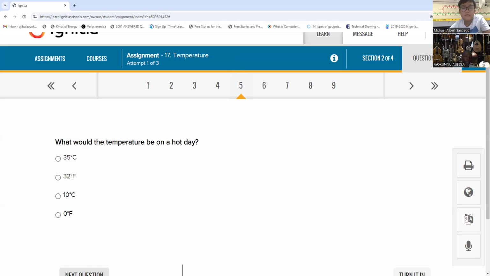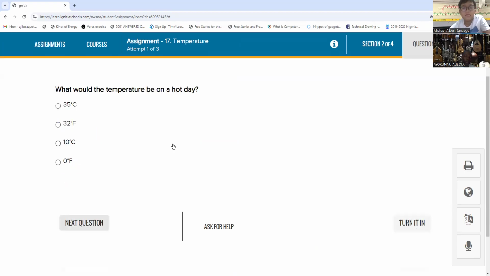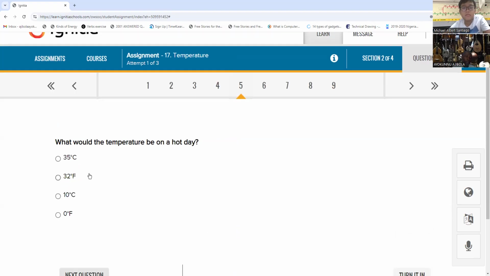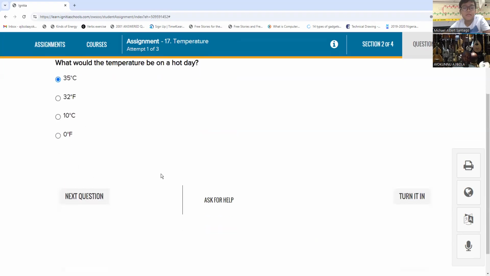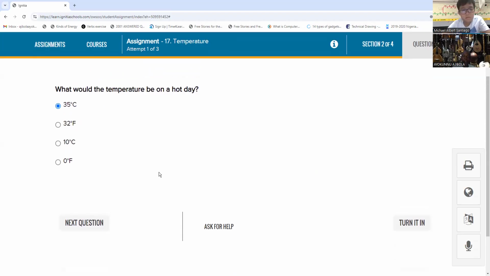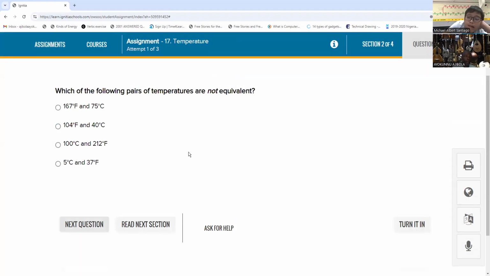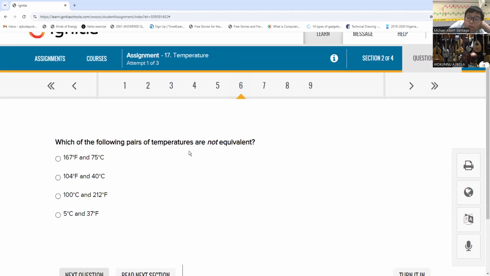What would the temperature be on a hot day? It can be 32 Fahrenheit, it can be 10 degrees Celsius, so complete this 35 degrees C. Then, which of the following pairs of temperatures are not equivalent? Let's change from Fahrenheit, 167 minus 32, then times 0.5556.